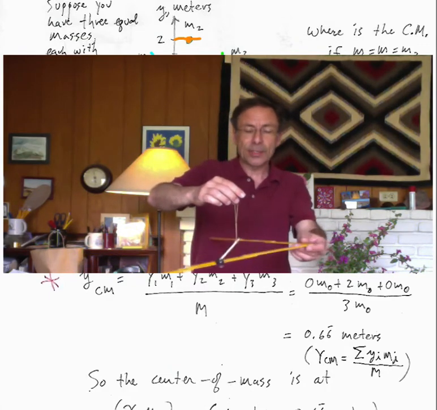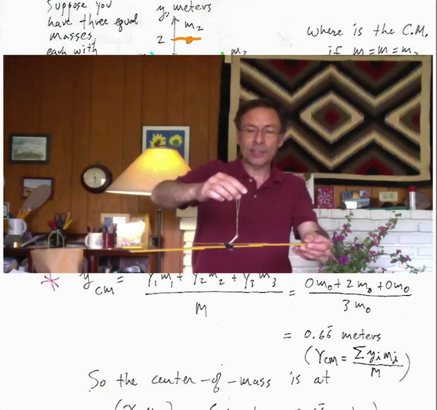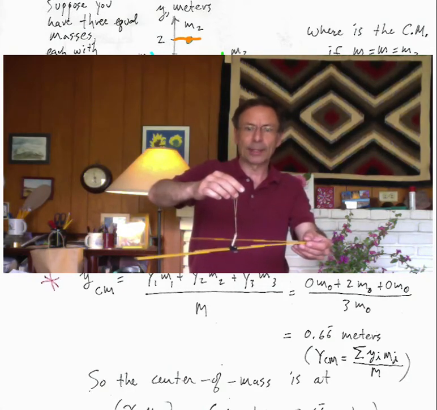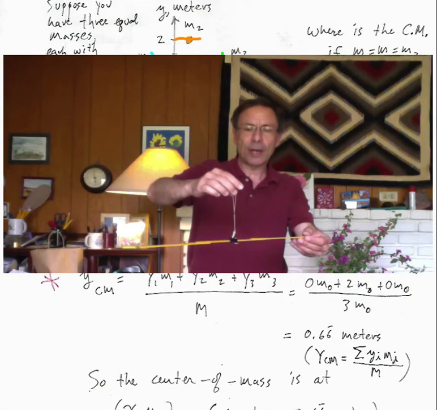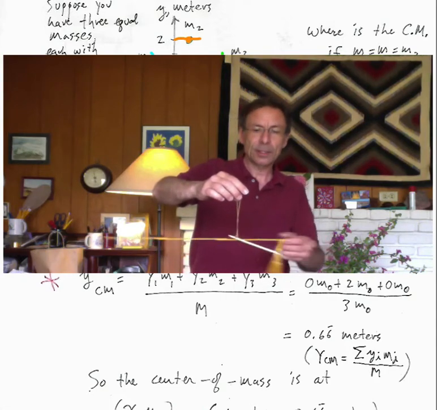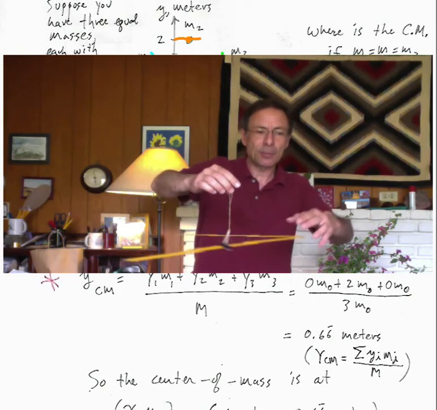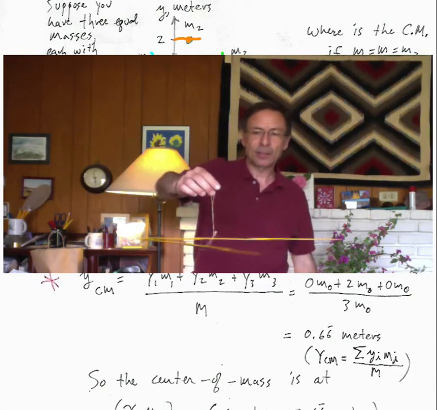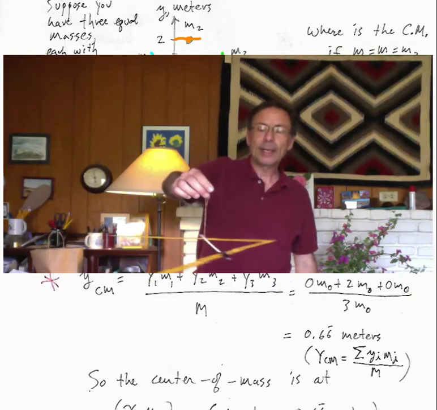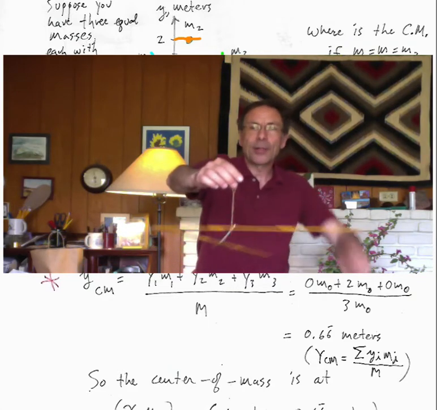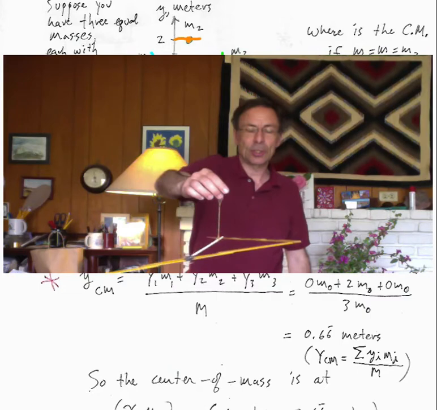The reason is that satellites and just about anything that's floating is going to spin around its center of mass. See? So if this were a satellite in space and it were spinning, and most satellites have a little spin to them for stability, it would spin around that location.